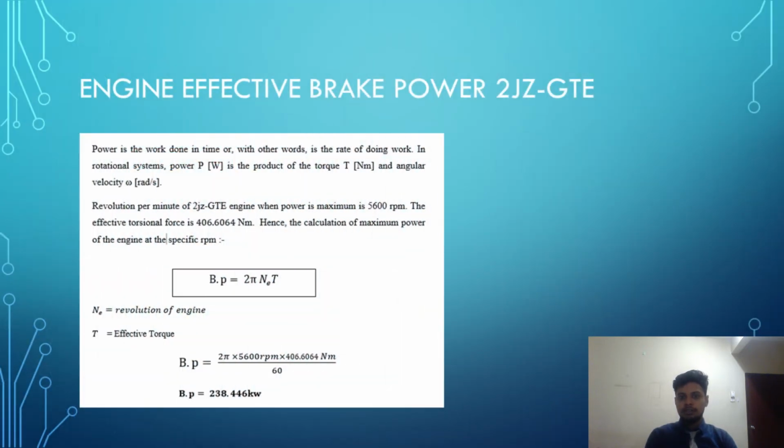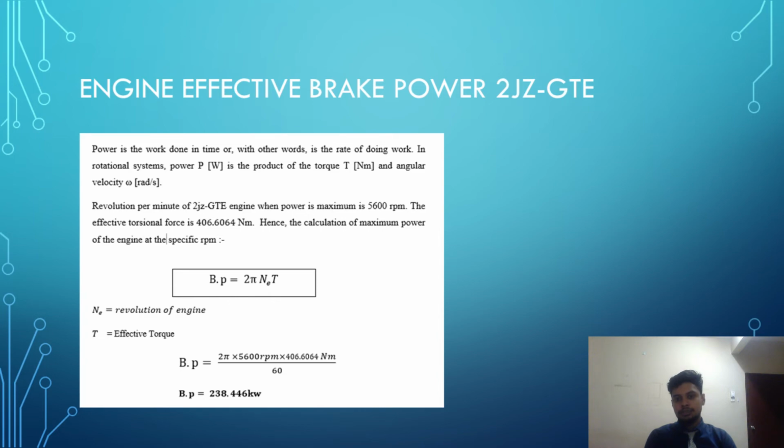For the engine effective brake power, the product of the torque, in Newton meters, and angular velocity, in radians per second, is equal to the power, which is the rate of doing work in the rotational system. The revolution per minute of the 2JZ GTE Toyota engine when power is maximum is 5600 revolutions per minute.